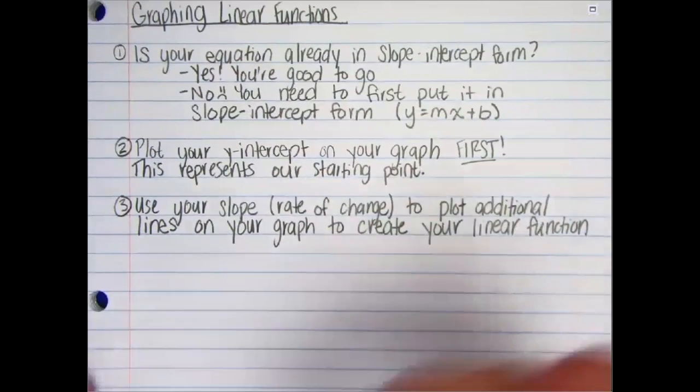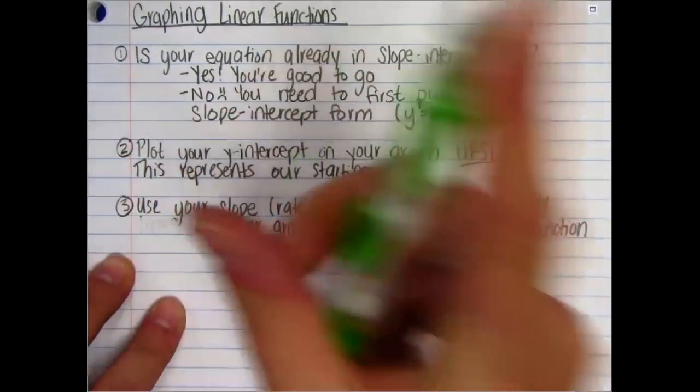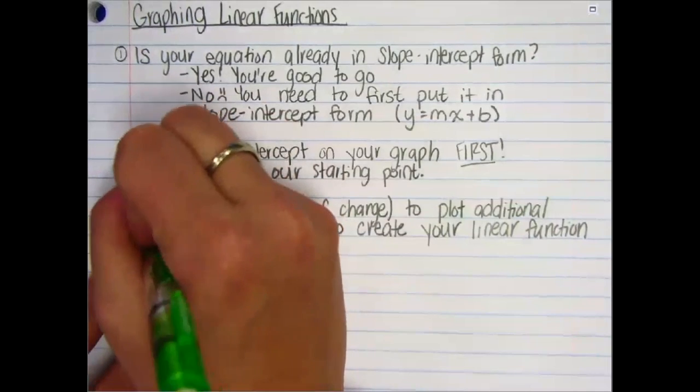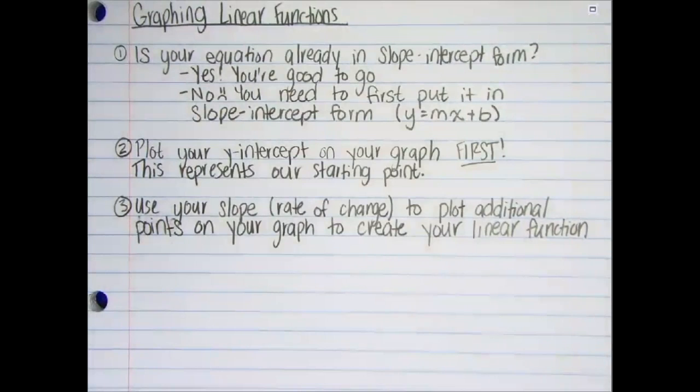Oh, thank you, plot additional points on your graph. Thank you for catching that. As I wrote that, I said the word line, but meant points. Okay, so use your slope or your rate of change to plot additional points on your graph to create your linear function.